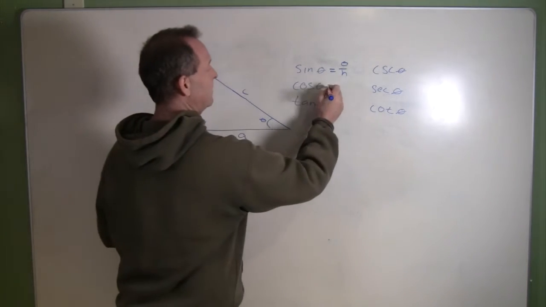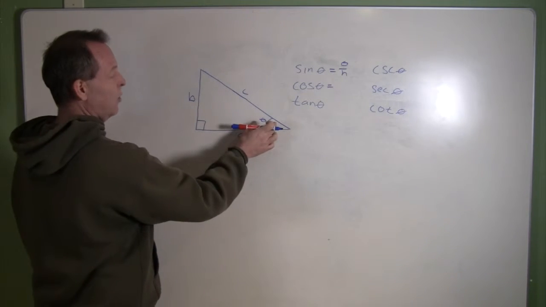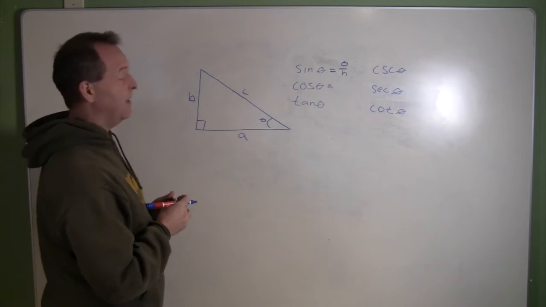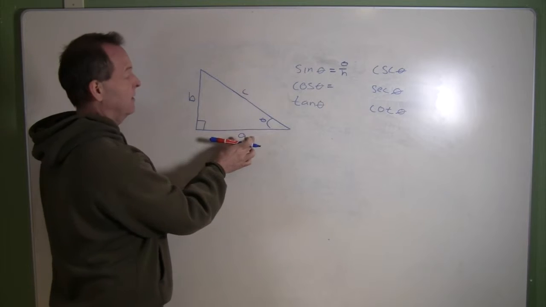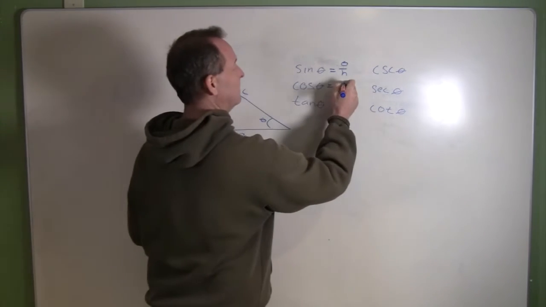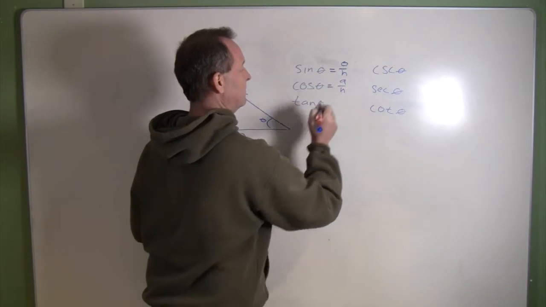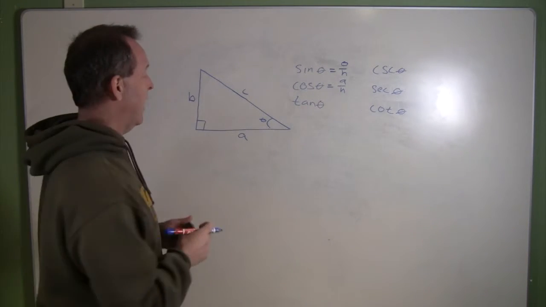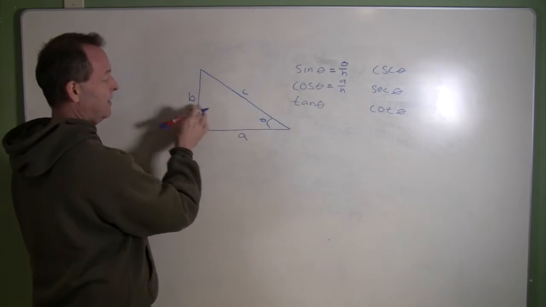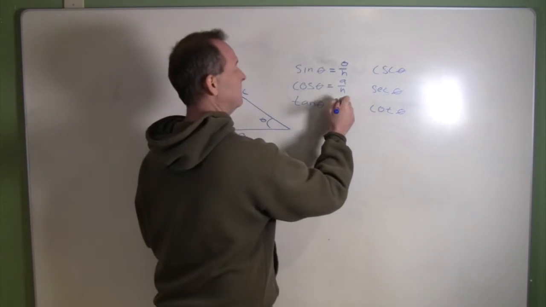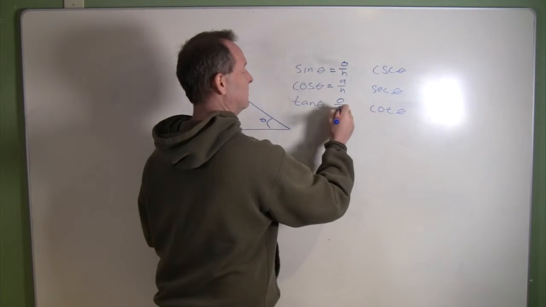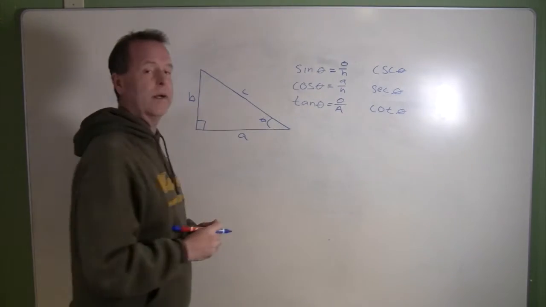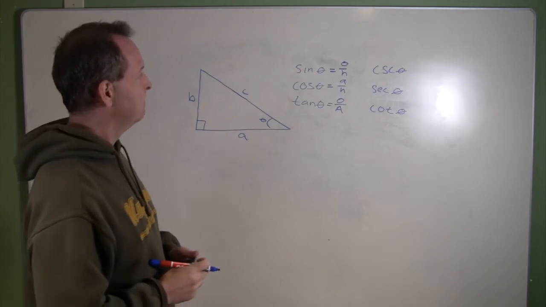The cosine of theta would be the side that's adjacent to it over the hypotenuse. Tangent is a ratio of the 2 legs of the triangle, the ratio of the opposite over the adjacent.